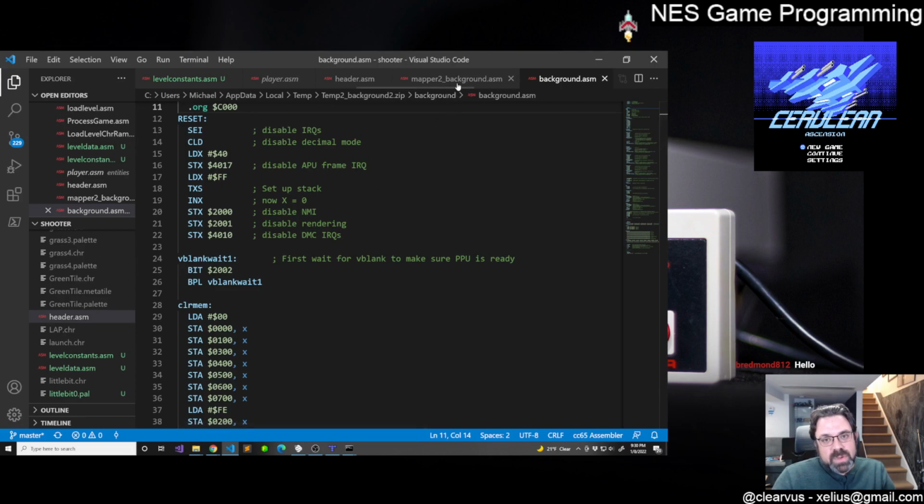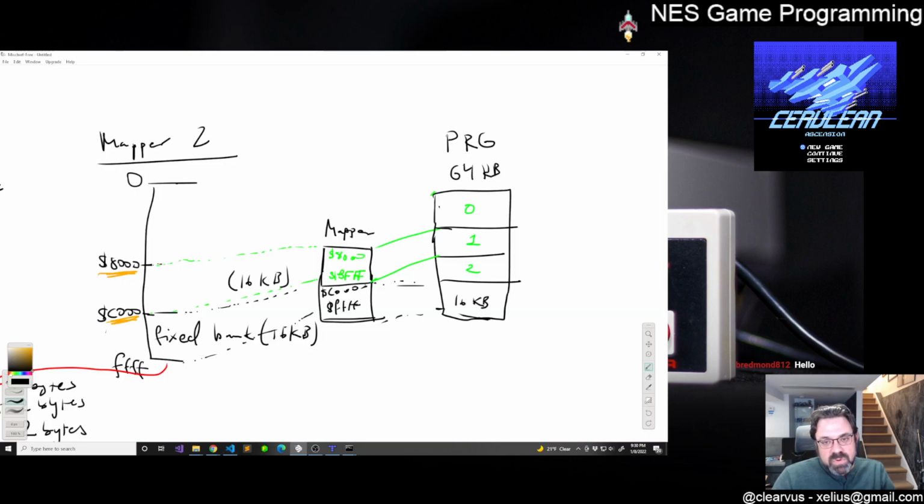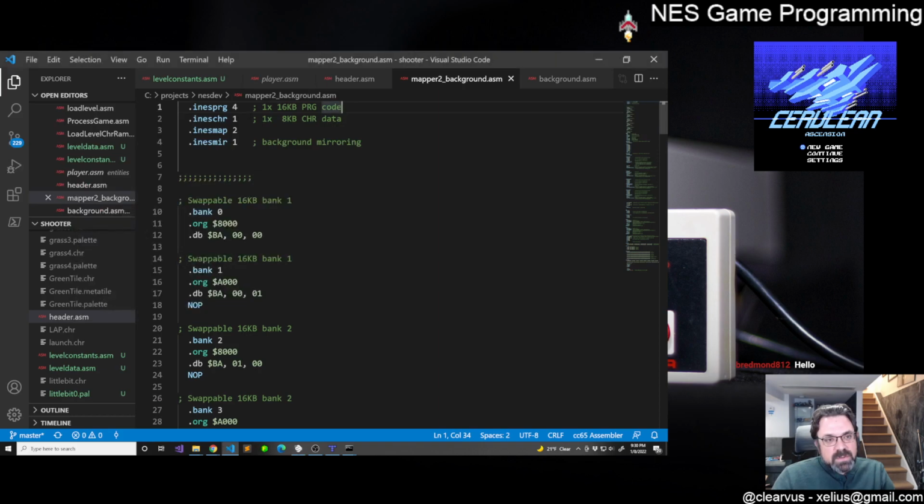Now, going back to the Mapper 2 example, we said we wanted to use 64K of prog data, right? So that's 4 times 16. That gives us our 64K of data.